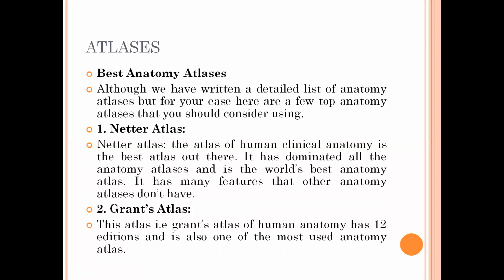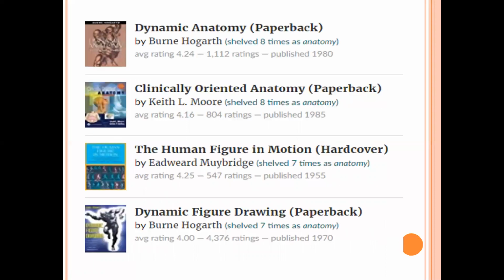It has dominated all the anatomy atlases and is the world's best anatomy atlas. It has many features that other anatomy atlases don't have. Grant's Atlas. This atlas of human anatomy has 12 editions and is also one of the most used anatomy atlases.